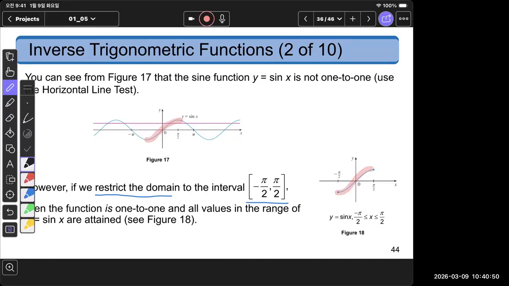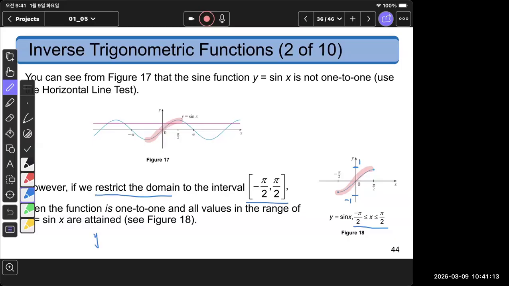And the range will be between minus 1 and 1. So if I restrict the domain of the sine function from minus half pi to half pi, then the function will be one-to-one, right?